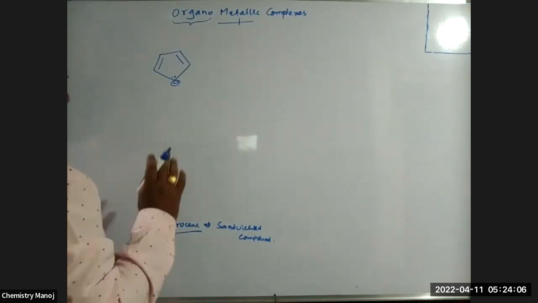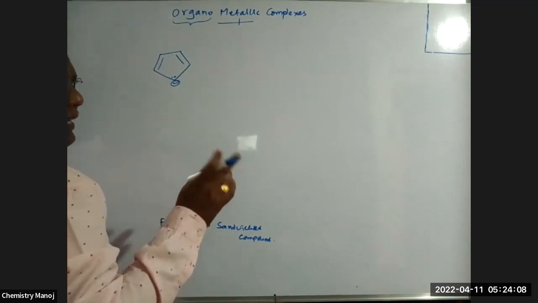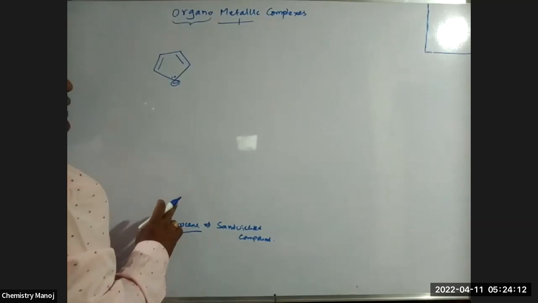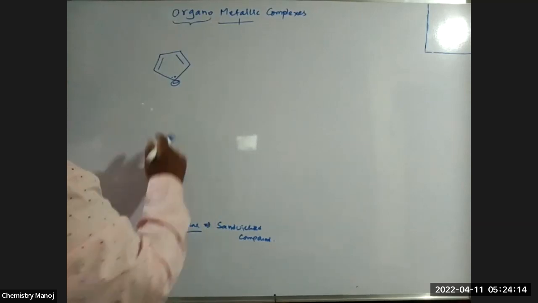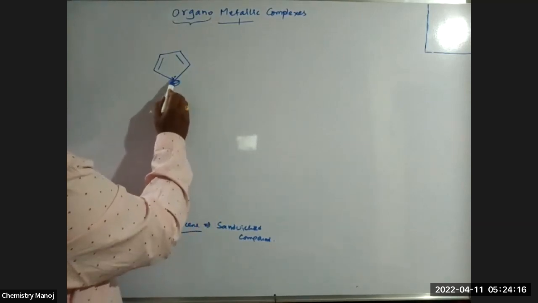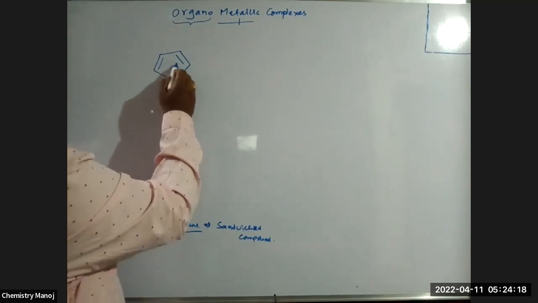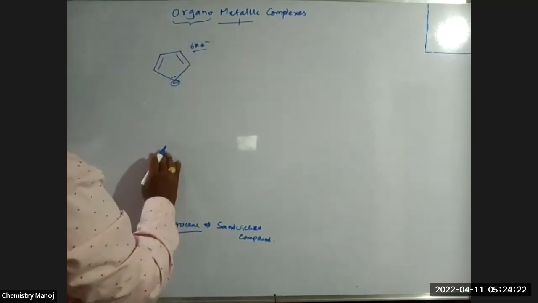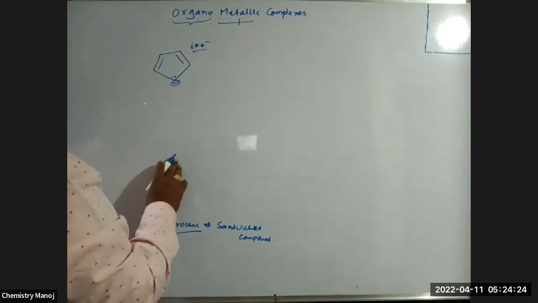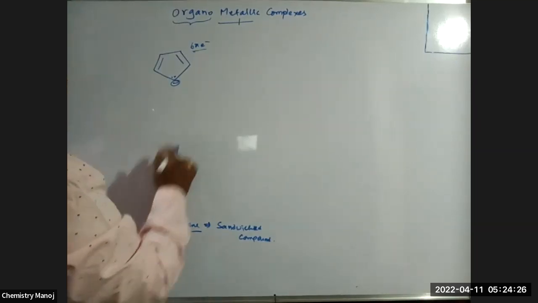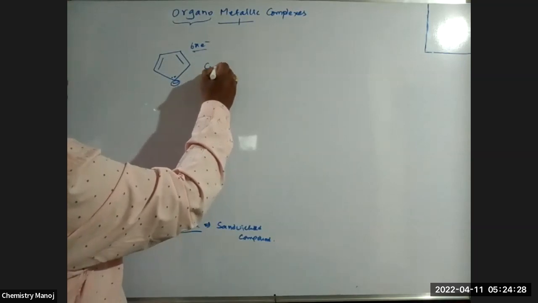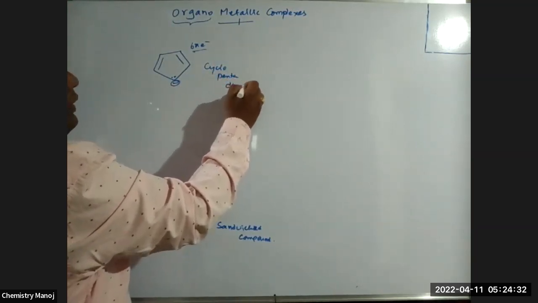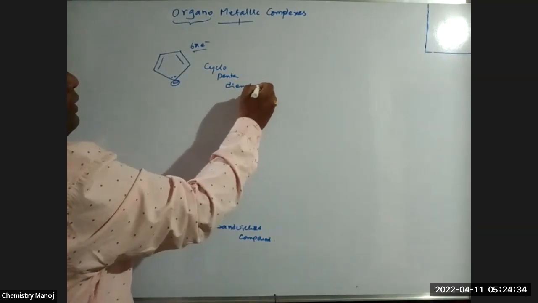It is the cyclopentadienyl ion, a carbanion. It is an aromatic compound, my dear. Six pi electrons, a ring compound, all in the same phase. That is an aromatic compound. What is the name of this one? Cyclopentadienyl anion.